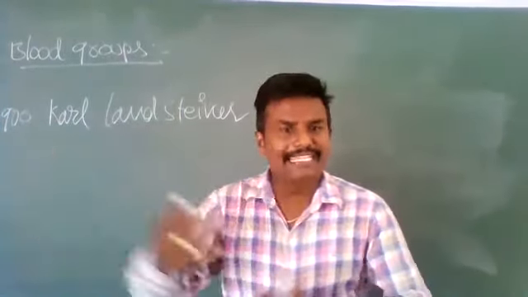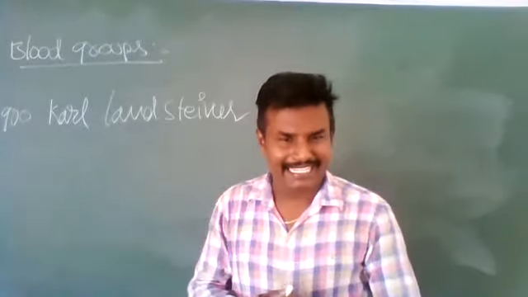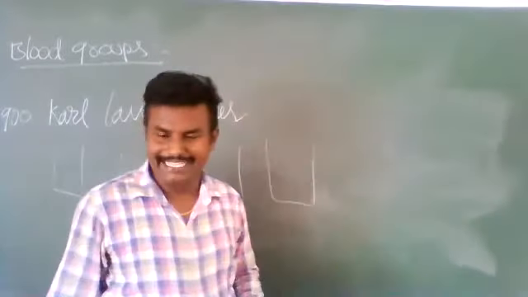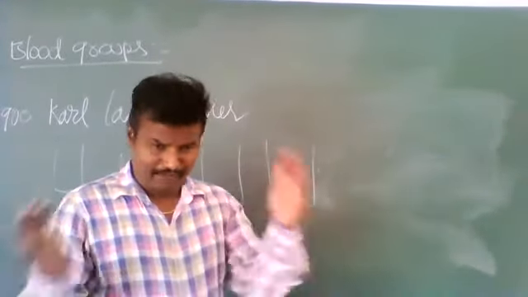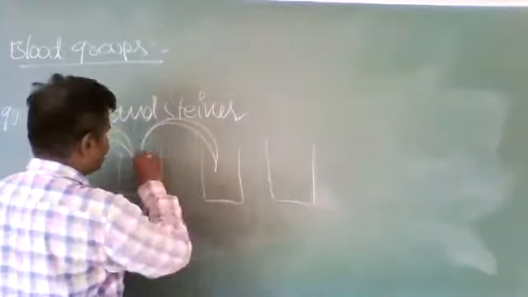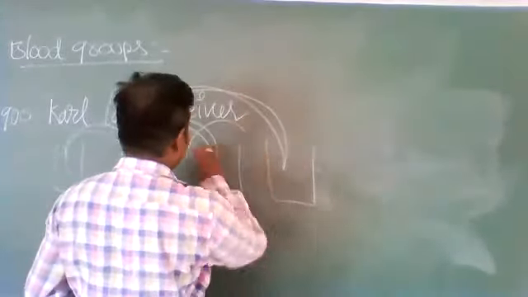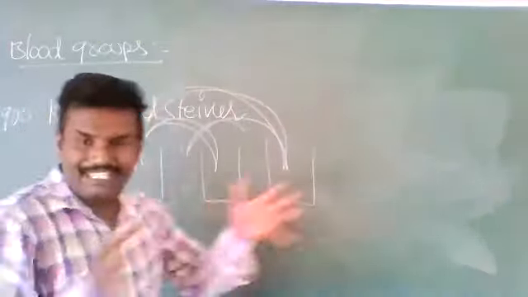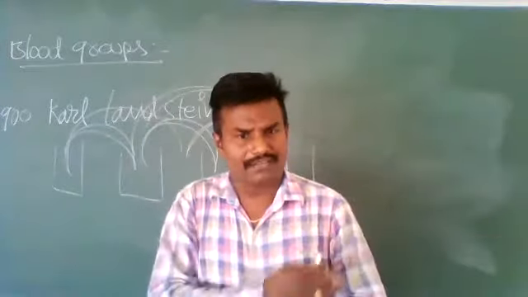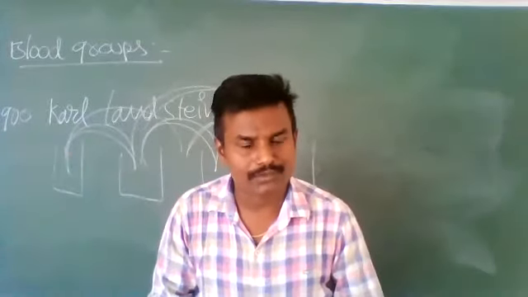First of all, before finalizing the blood groups, he collected blood samples of different members. From 4 members, he collected blood samples. The 4 members' blood samples were mixed with each other randomly, without knowing their blood groups.